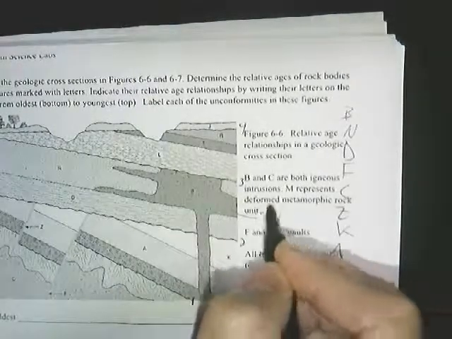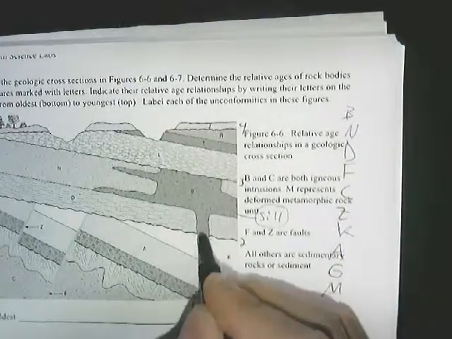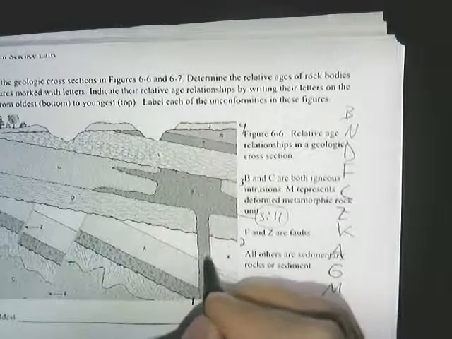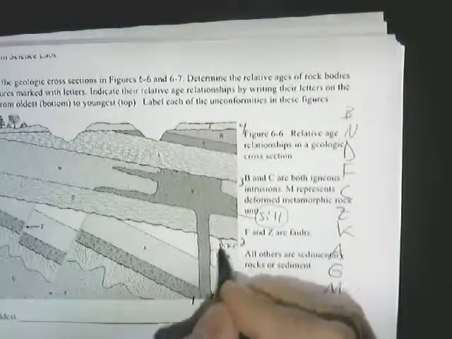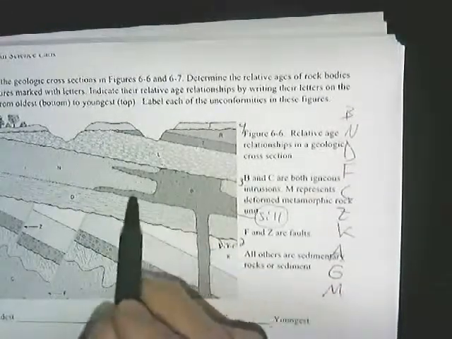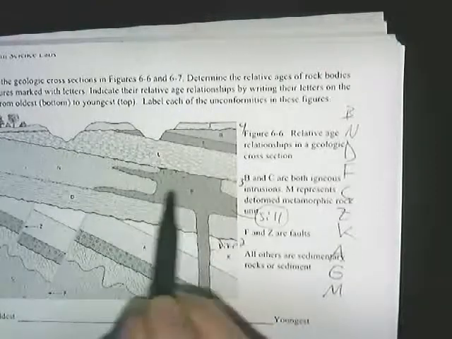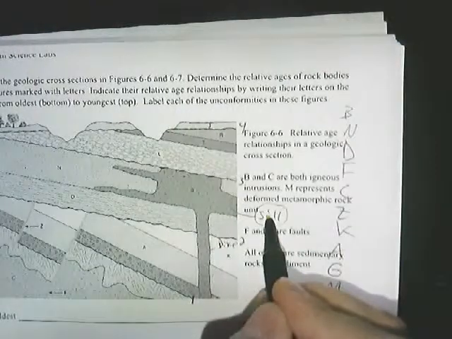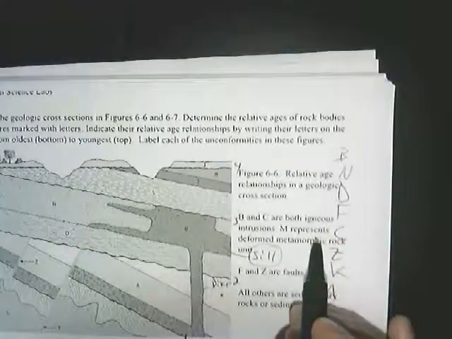And we haven't talked a whole lot about sills, but something that cross-cuts through sedimentary layers is called a dike. But if it expands and grows out parallel to the sedimentary rock layers, we call that a sill. So adding a new terminology piece here.